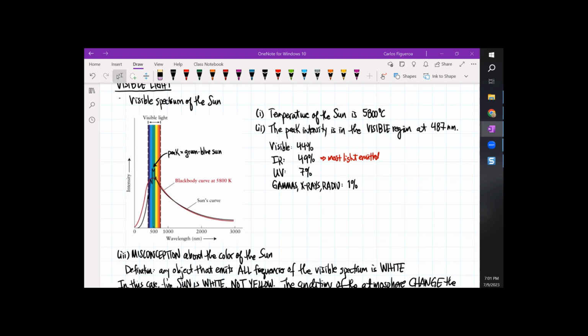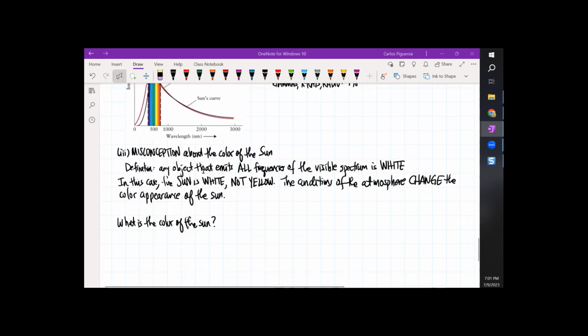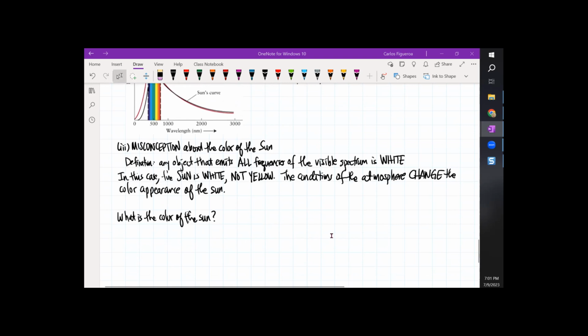So if you ask me, if I was forced to say what is really the color, I would say that since 487 nanometers is the most light emitted by the sun, it's closest to a blue-green color.